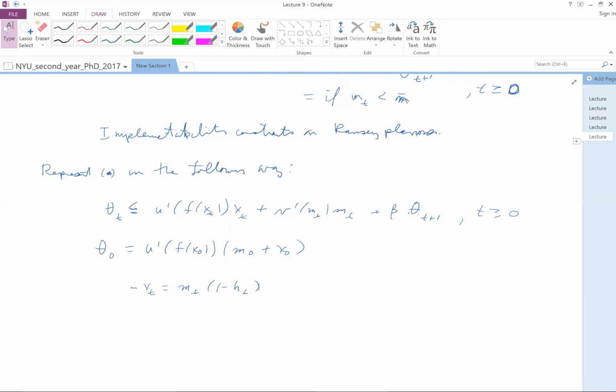Okay, so now we described in class how we're going to think of solving this equation. Again, we have these inequalities, equal if we're off the corners.